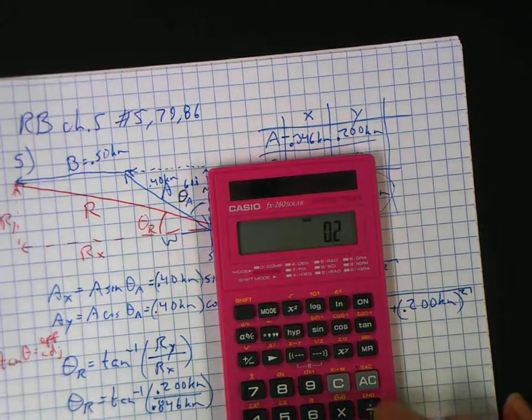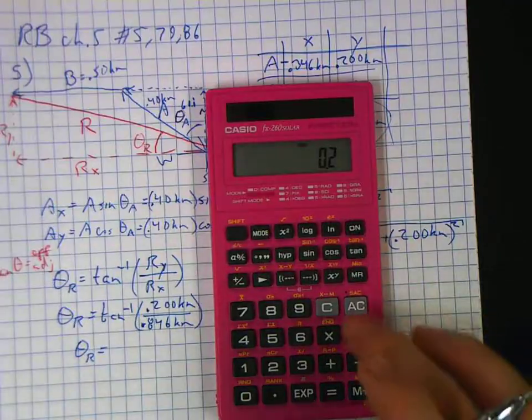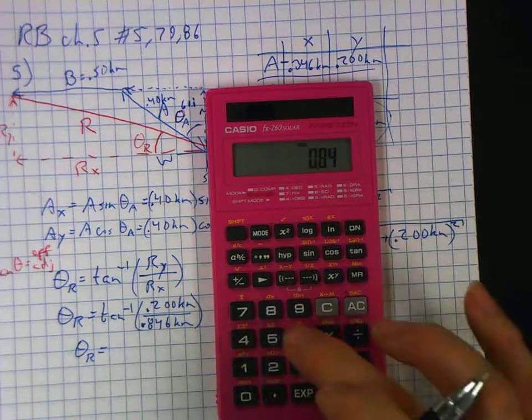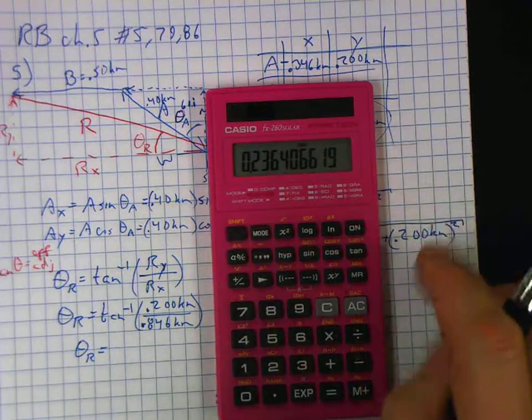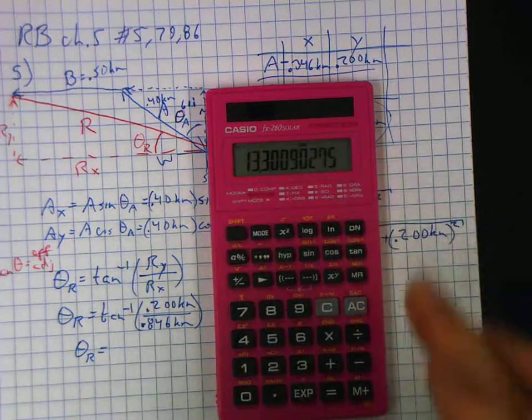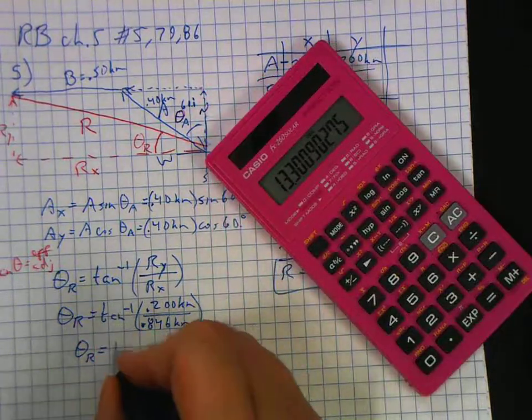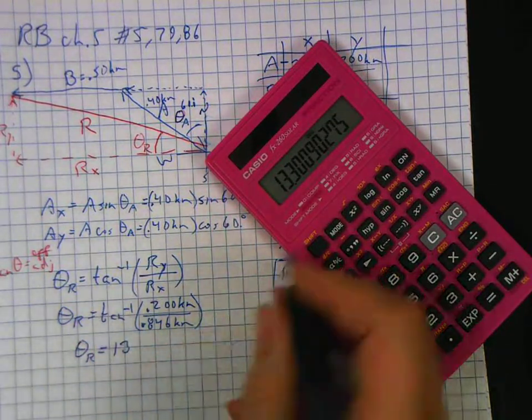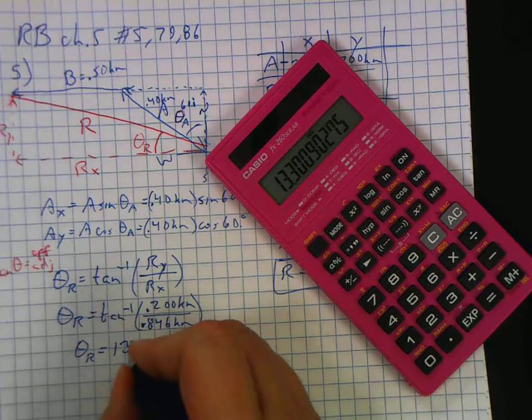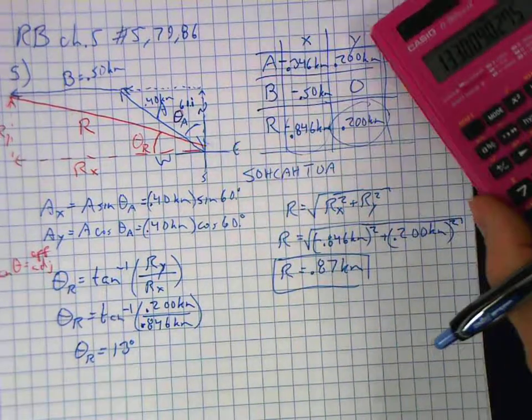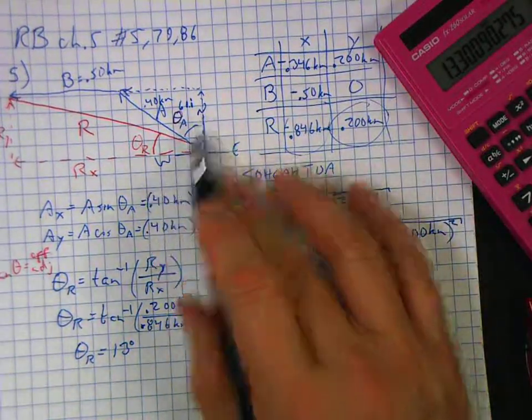So 0.2 divided by 0.846 equals, this is the number inside, shift tangent, we get an angle of 13.3. If I had 3 sig figs, I got 2, so 13 degrees. Now, remember, this is a compass rose.